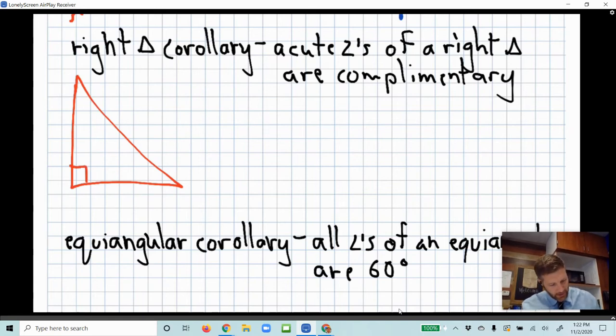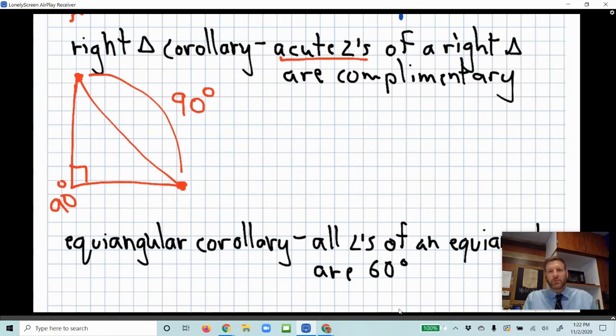First of all, I've got 90 degrees right here. So for it to add up to 180, you only have another 90 degrees split between this angle here and the other acute angle here. That's what it means by the acute angles: the non-right angles, the non-90 degrees.